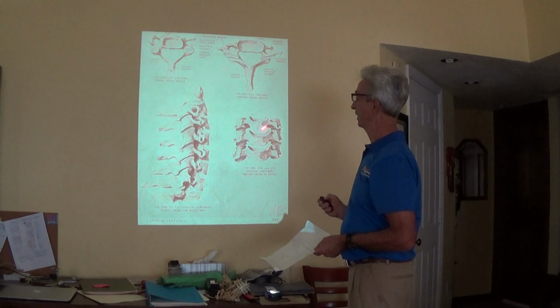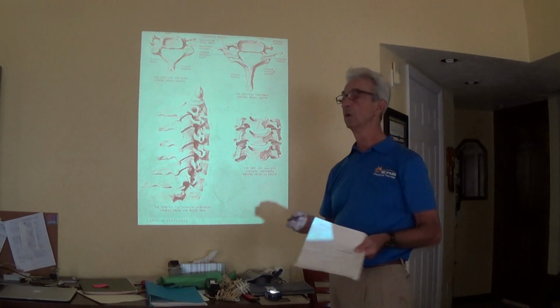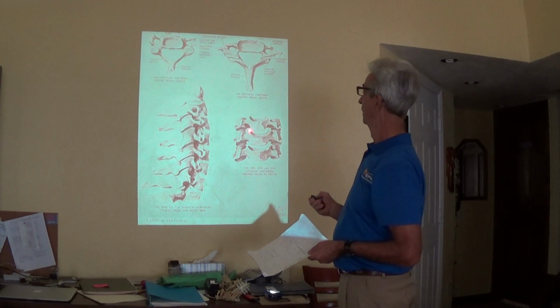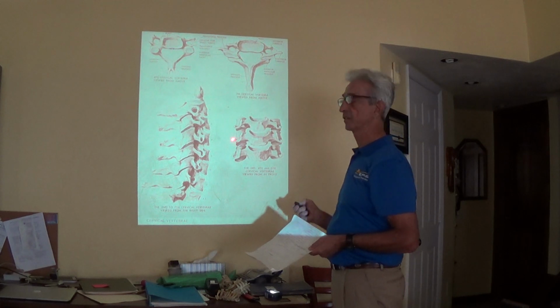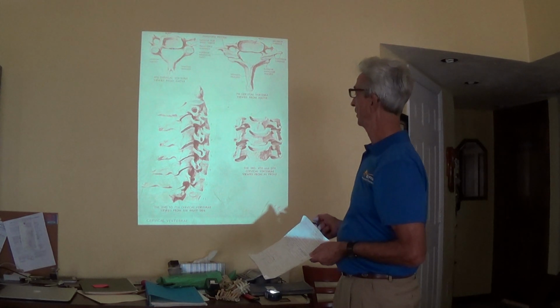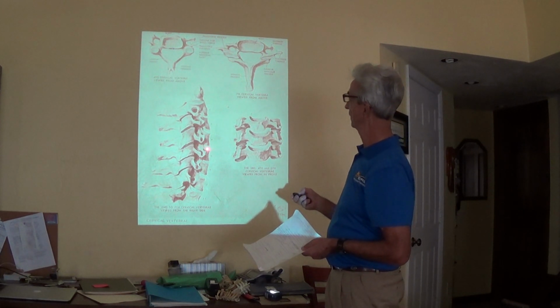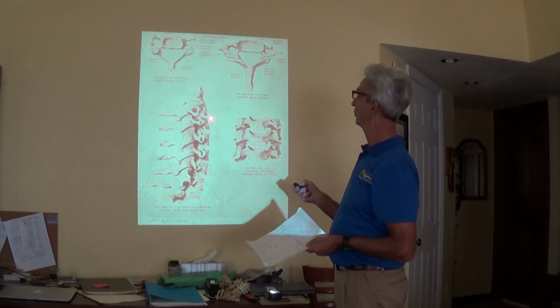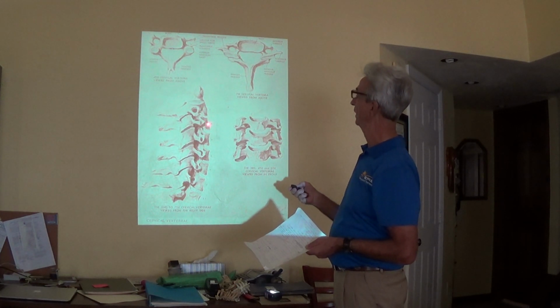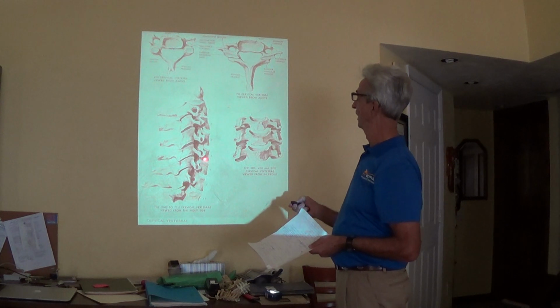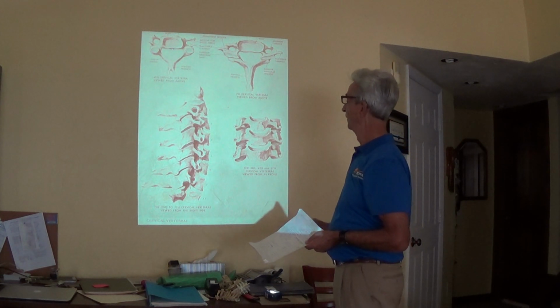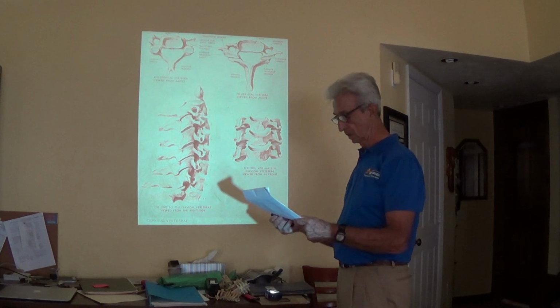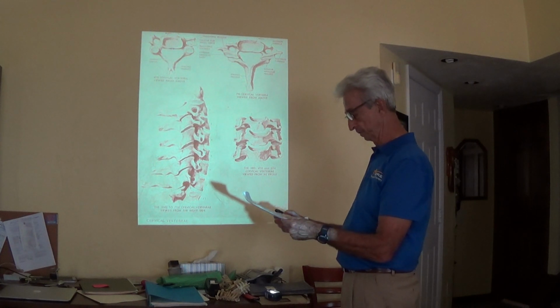They are supportive in nature, of course, and they also protect, in a way, the nerve root from the disc in these patients. We didn't say much about the disc, but starting with C2, 3, 4, you have discs at all these levels between the vertebral bodies.